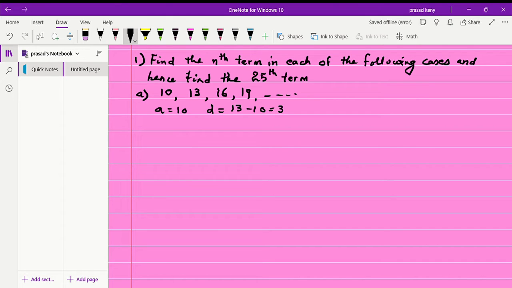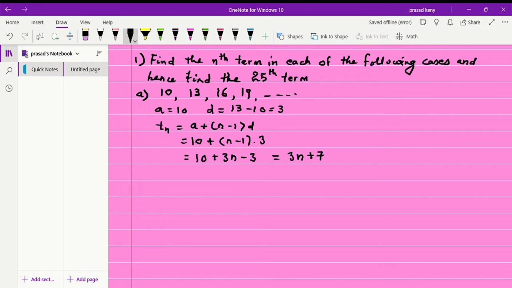So Tn is A plus n minus 1 into D. So 10 plus n minus 1 into 3, which is 10 plus 3n minus 3, which is 3n plus 7.